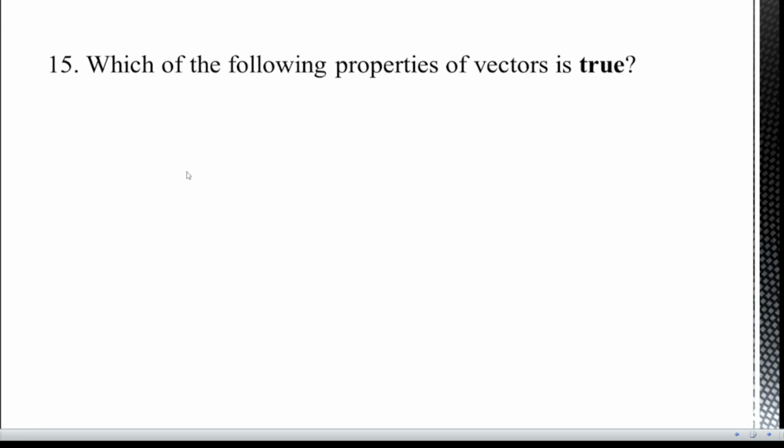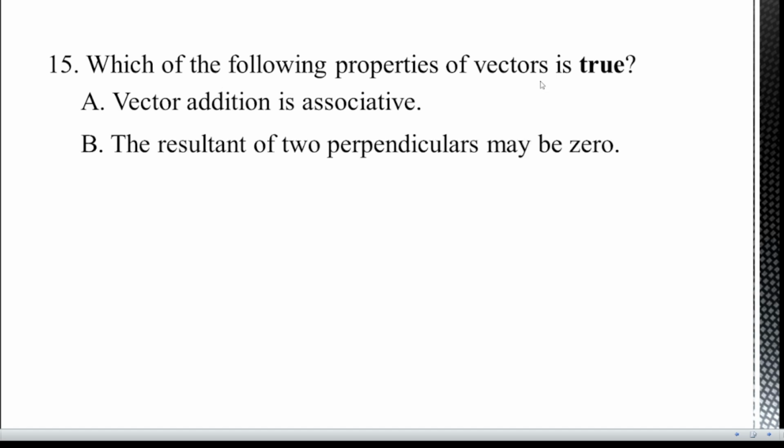Number 15 says which one of the following properties of vectors is true? A. Vector addition is associative. Yes. B. The resultant of two perpendicular vectors may be zero. No. How could it be? This is completely wrong. C. Vector subtraction is commutative.